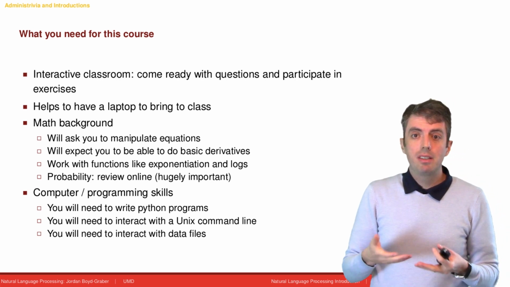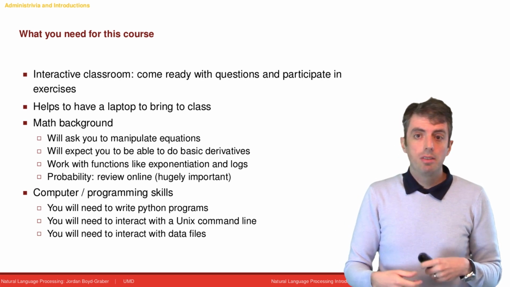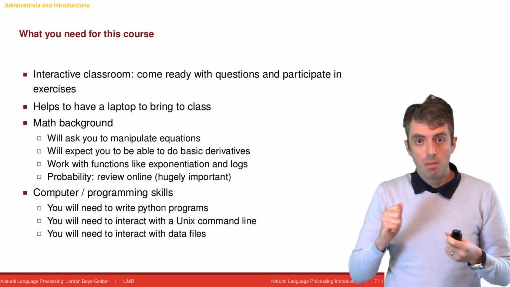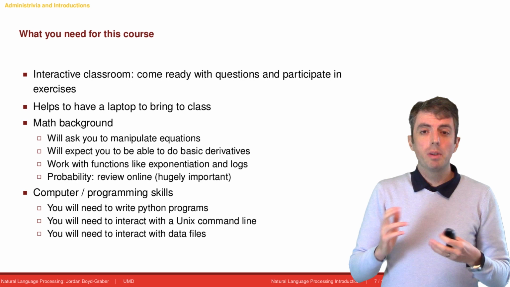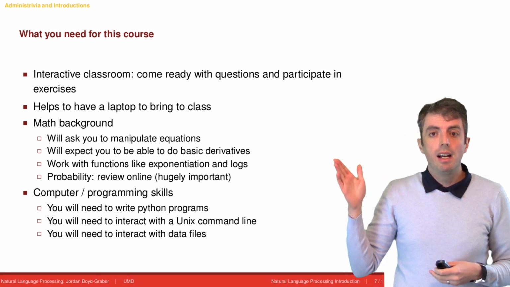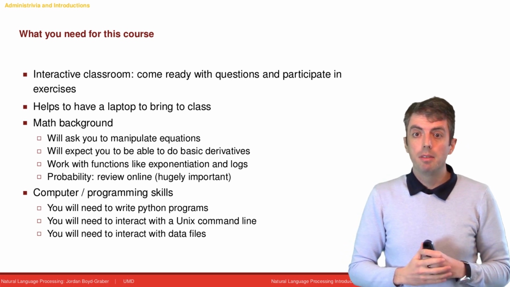I'll also expect you to be able to understand basic distributions. So if we have a multinomial distribution or a Gaussian distribution, you should know what it means to compute a probability from that distribution or what the parameters of that distribution are. If you're fuzzy on these concepts, on the course webpage there will be some refresher material so that you can get up to speed quickly.